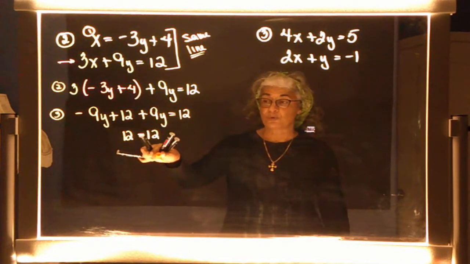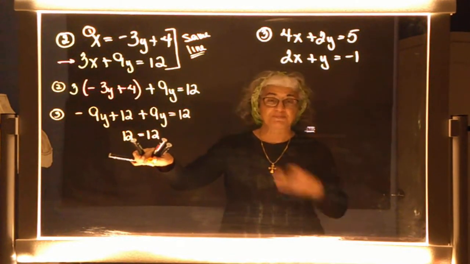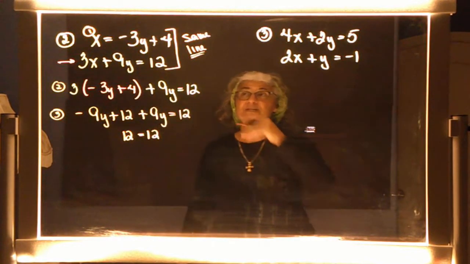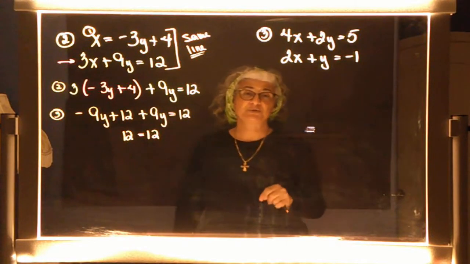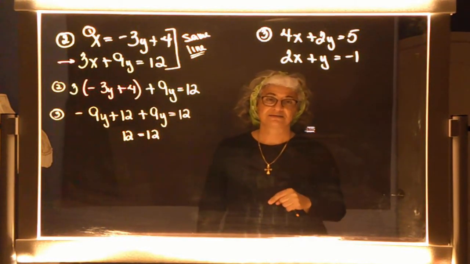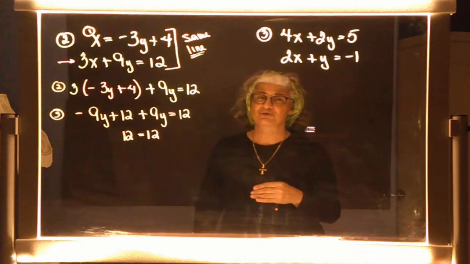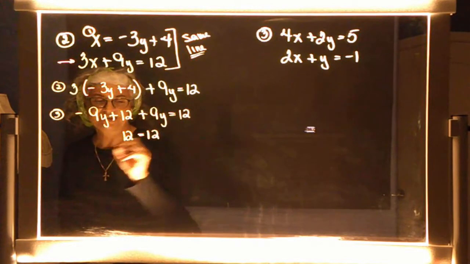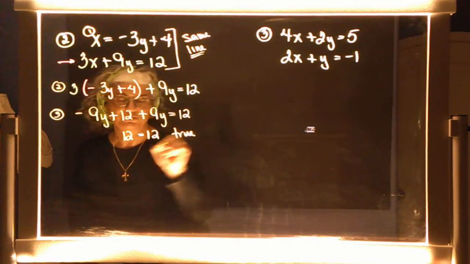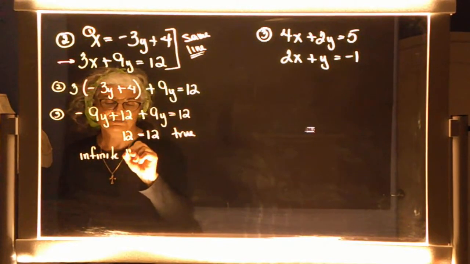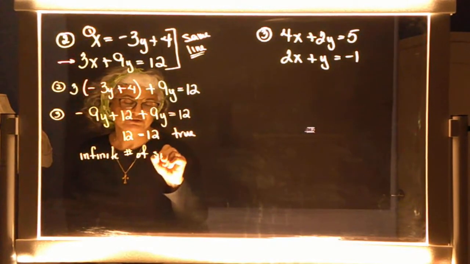All the variables dropping out and us being left with the number equal to itself tells me that when I graph those two equations, they're the exact same line. So then how many solutions do I have? Yes, because of this statement being true, I have an infinite number of solutions.